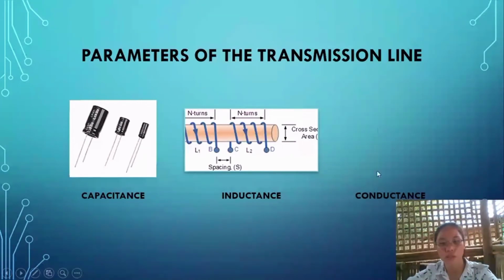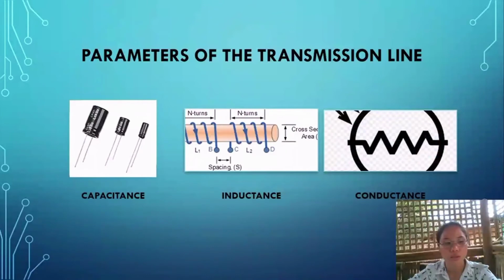So last, we have the conductance. The two parallel conductors are separated by a dielectric medium, but it is not a perfect insulator.